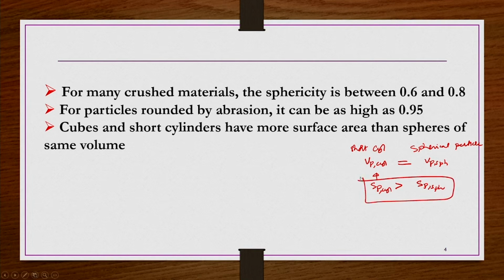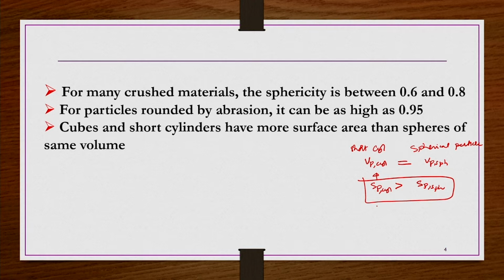Why? Because of the nominal diameter. If you calculate the nominal diameter for this cylindrical particle, that is going to be more than the original diameter of the cylindrical particle, right. That nominal diameter we have already calculated in the previous lecture, and we are going to do it once again.